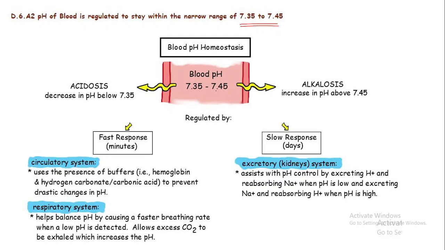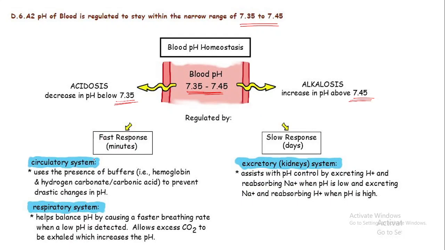If those H plus ions go on accumulating, then the pH of the RBC will be acidic, and that cannot happen because the range of blood pH should always be in this range, so that all the other physiological processes that are dependent on blood are not hampered. So there is a concept called acidosis, wherein the pH decreases below 7.3, and alkalosis, where the pH becomes more than 7.4.